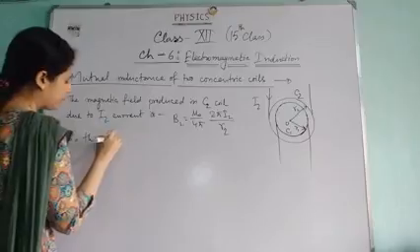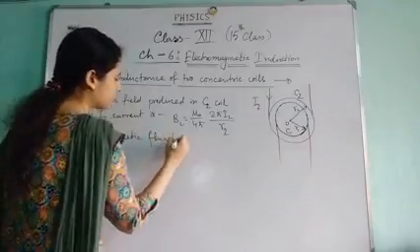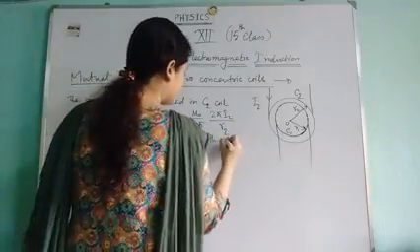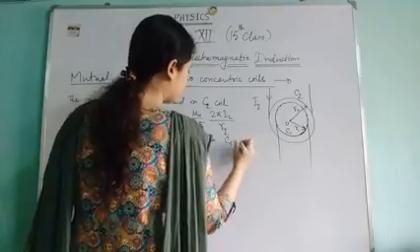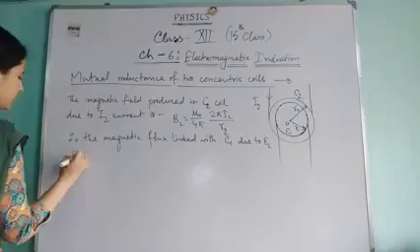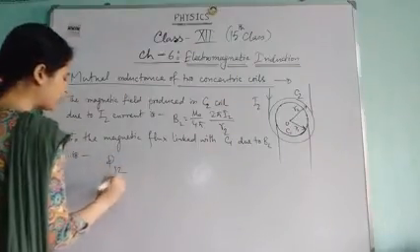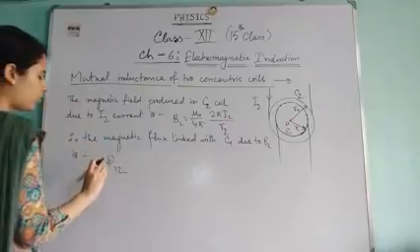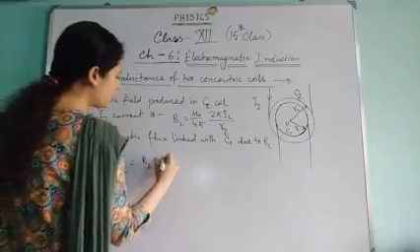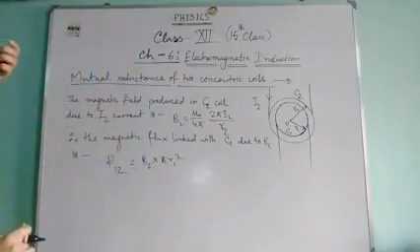Therefore, the magnetic flux linked with C1 due to B2 is, let us write, phi 1 2. That means magnetic flux in coil 1 due to 2 is equal to B2 into pi R1 squared, that is the area of the C1 coil.